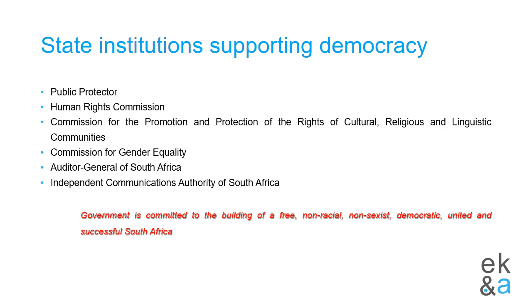We have different state institutions in South Africa supporting democracy. This includes the Public Protector, the Human Rights Commission, the Commission for the Promotion and Protection of the Rights of Cultural, Religious and Linguistic Communities, the Commission for Gender Equality, the Auditor General of South Africa, and the Independent Communications Authority of South Africa.